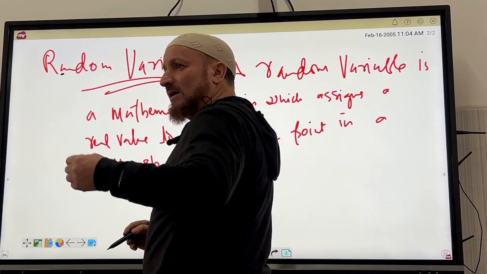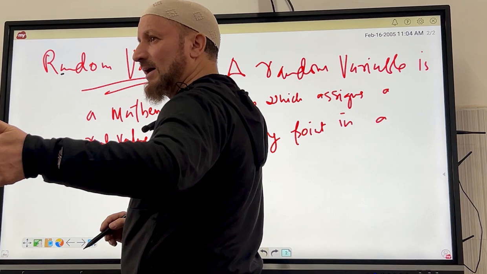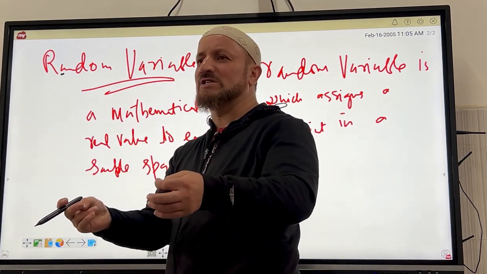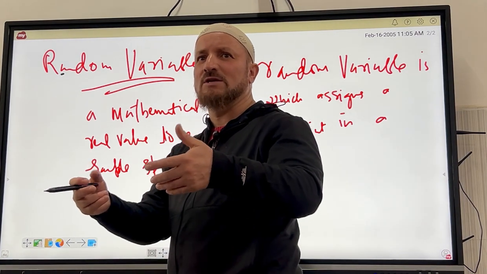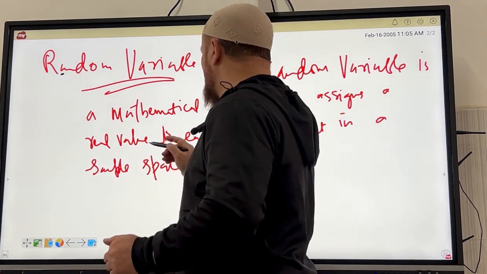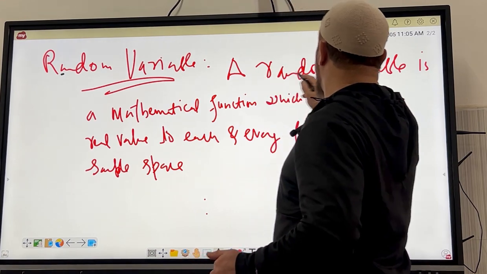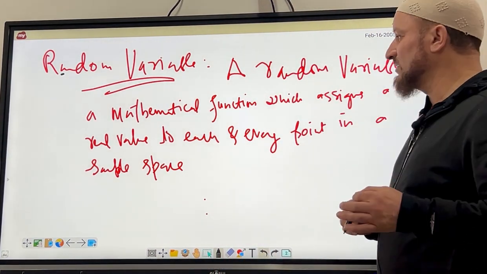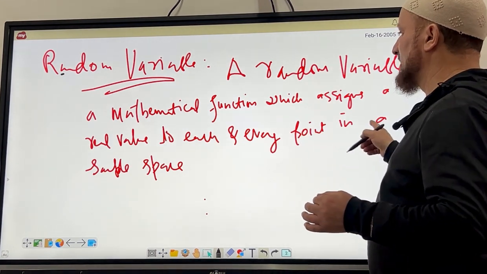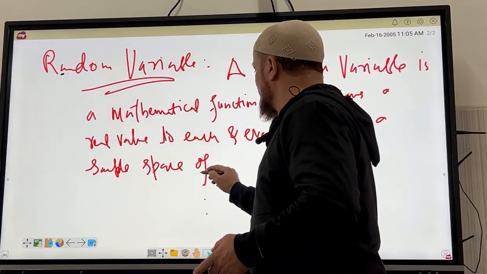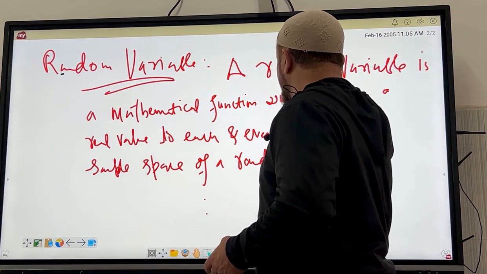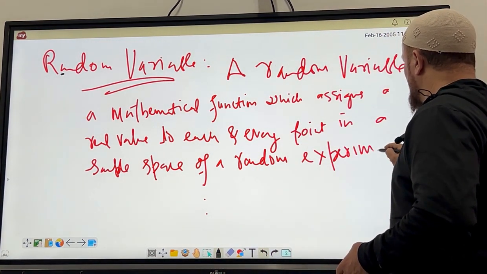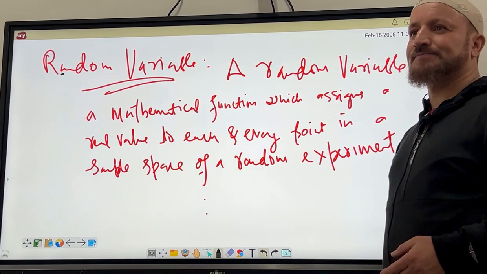When does the sample space come? When you do some random experiment, right? So we did a random experiment, and we got a sample space. What's the random experiment? We toss coins, a couple of coins, for example. So a random variable is a mathematical function which assigns a real value to each and every point in a sample space of a random experiment.